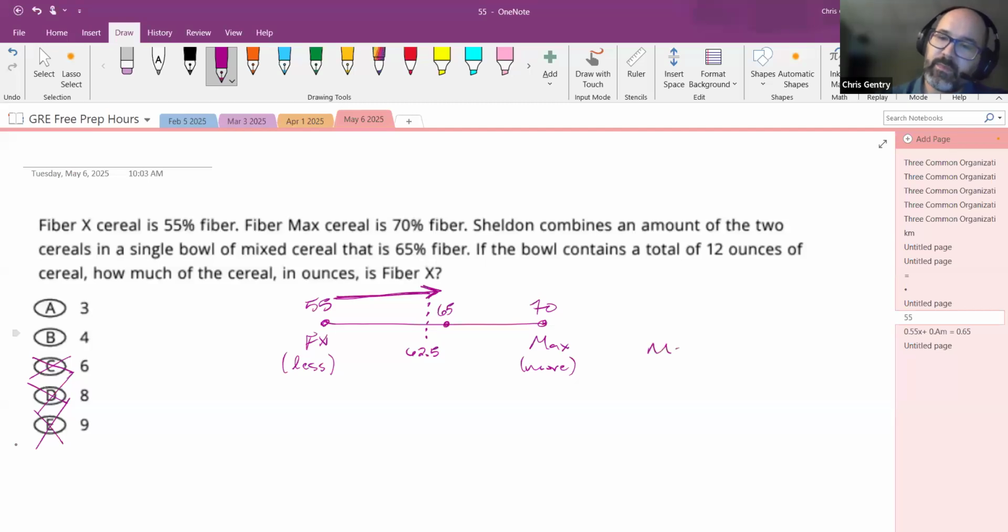So I can say here, in terms of my balance, and here we're going to have to go to a ratio, Team Max is pulling 10 away from what Team X would have wanted. Conversely, everything that goes away from Team Max is what Team X is pulling to their end.